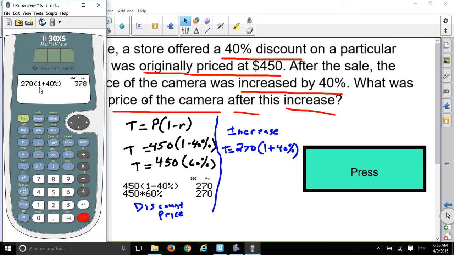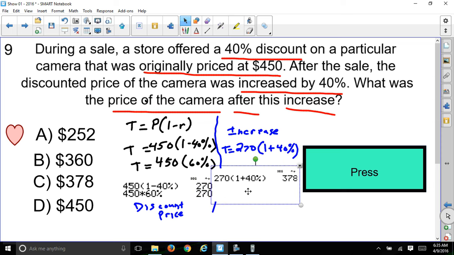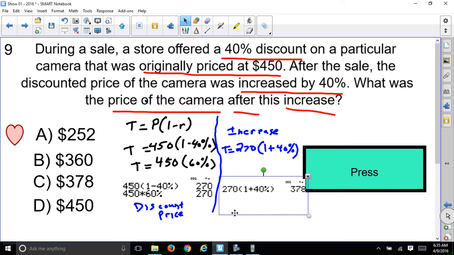There is going to be the new amount of money that we pay. $378. That's going to be the new price after they increase it by 40%. So I'm going with choice C.